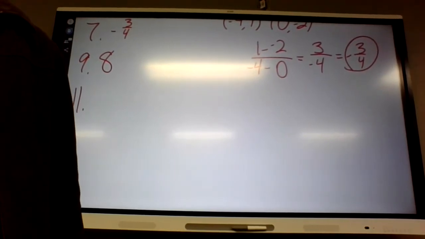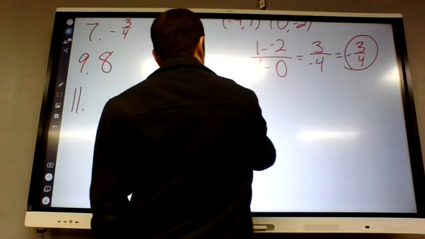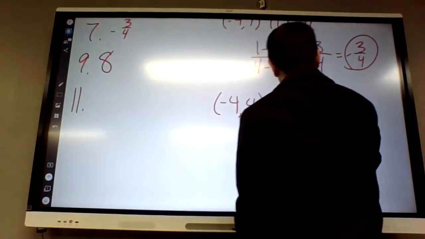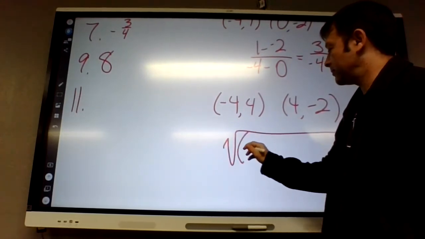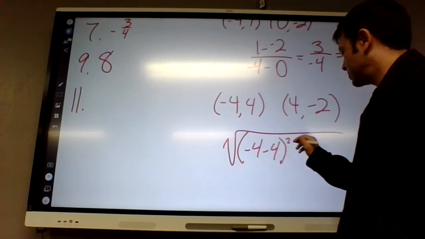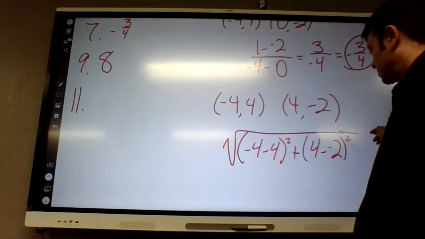So BC, we're going from negative 4, 4 to 4, negative 2. It's the square root of (x minus x) squared plus (y minus y) squared.